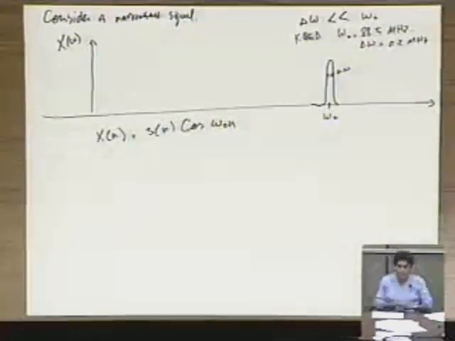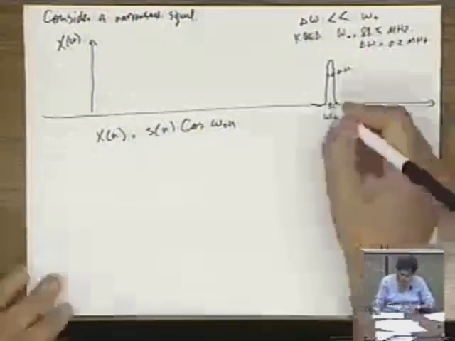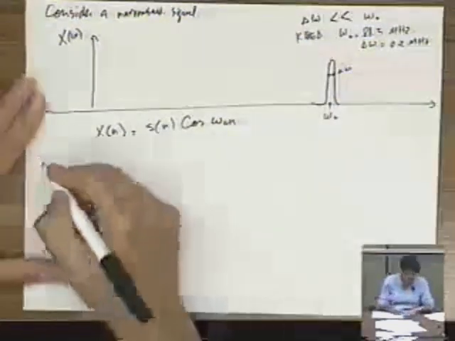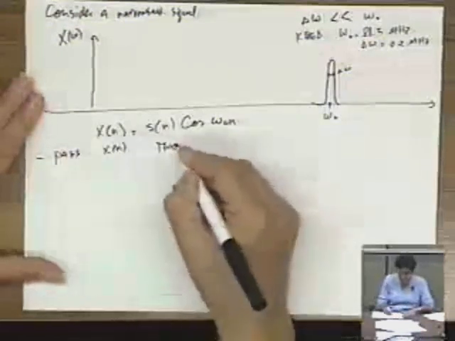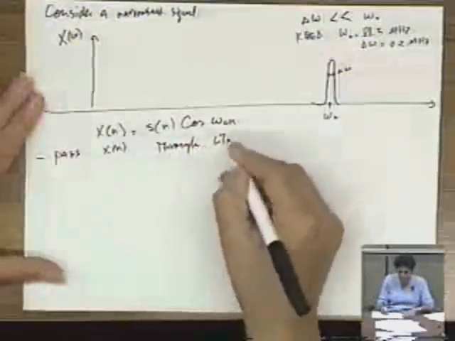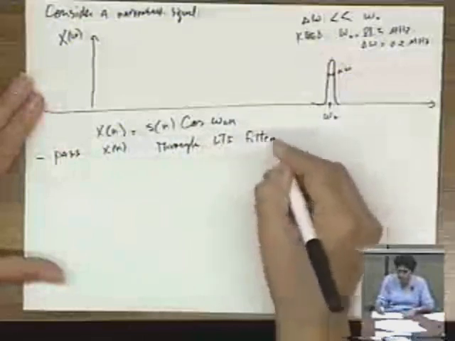And suppose that we pass this signal X of n through some filter H of omega, where the magnitude of H of omega is 1, so we don't do any kind of scaling. But the phase of it is linear at omega equals omega naught. Okay? So let's write this down.